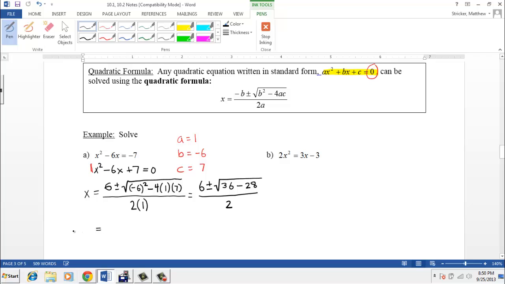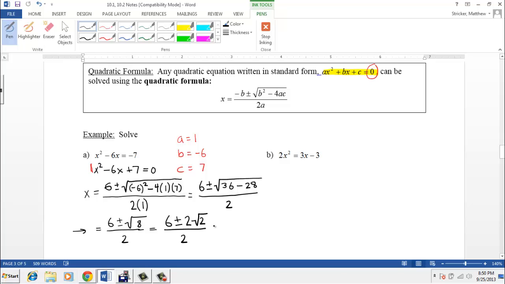Now we can keep going here. This is equal to 6 plus or minus the square root of 8 over 2, which is equal to 6 plus or minus 2 square root 2 over 2, because 8 is 4 times 2.